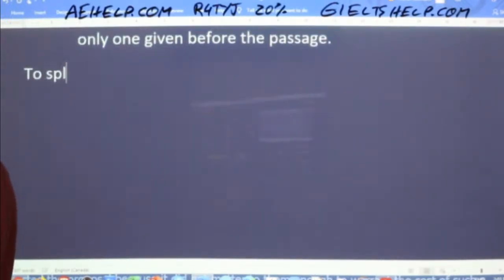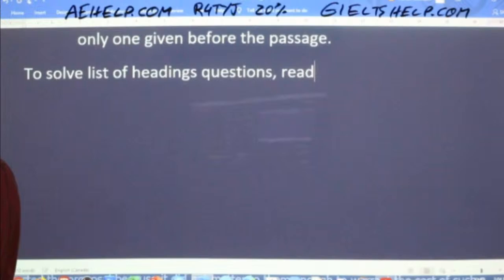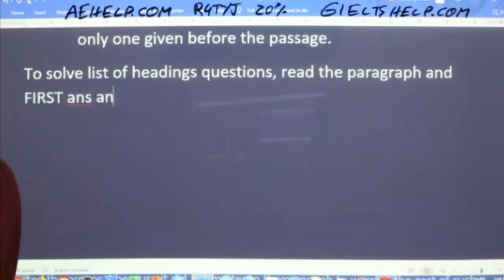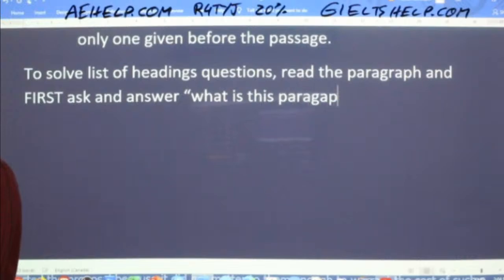So to solve list of headings questions, read the paragraph and first ask and answer what is this paragraph about?